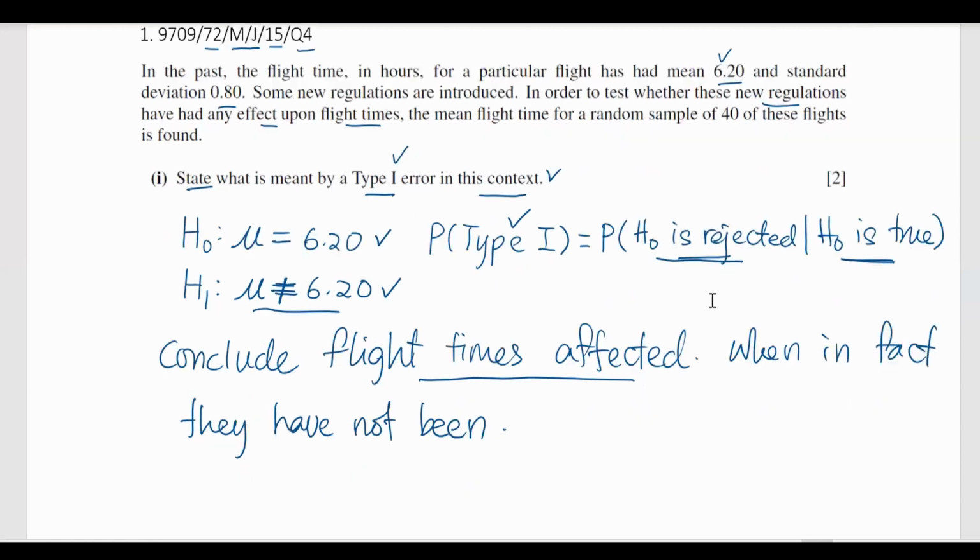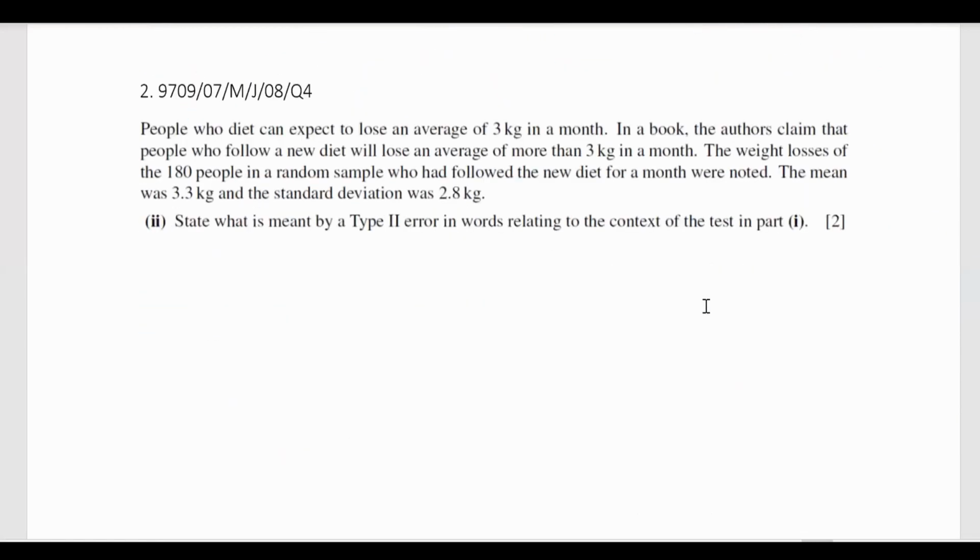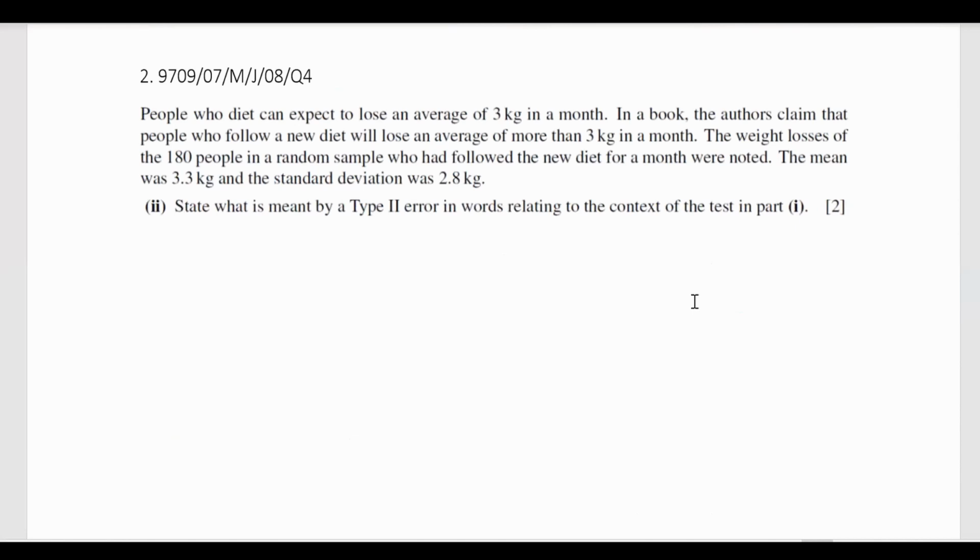Now we have a look at the next question. This question is from May/June 2008, paper 7 last time, question 4. People who diet can expect to lose an average of 3 kg in a month.